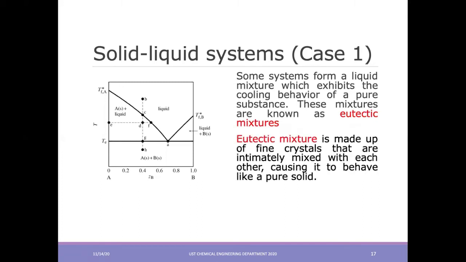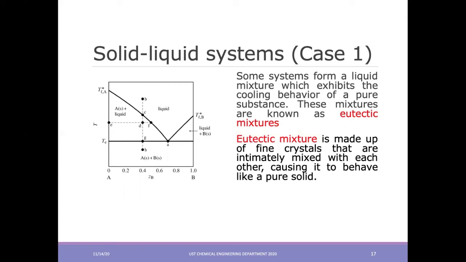A eutectic mixture is made up of fine crystals that are intimately mixed with each other, thus causing it to behave like a pure solid. It should be pointed out that this mixture is composed of two solid phases, okay? And it exhibits the following properties.